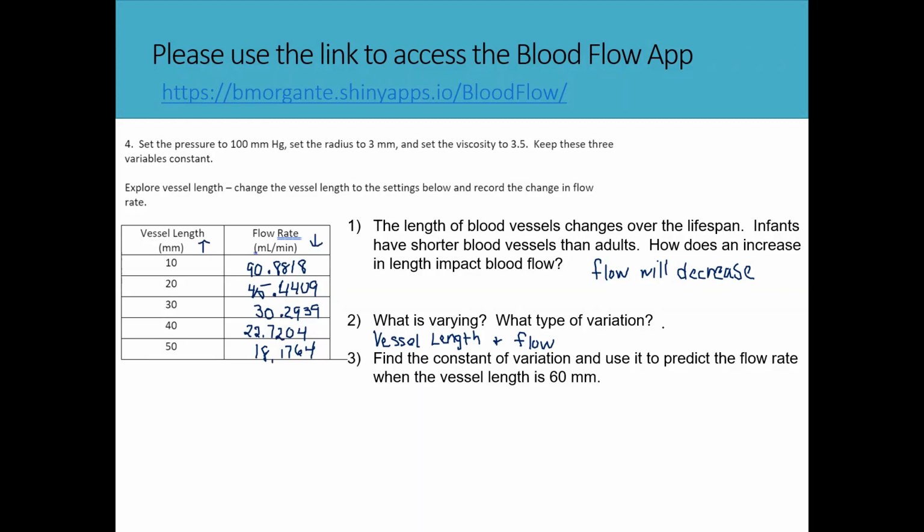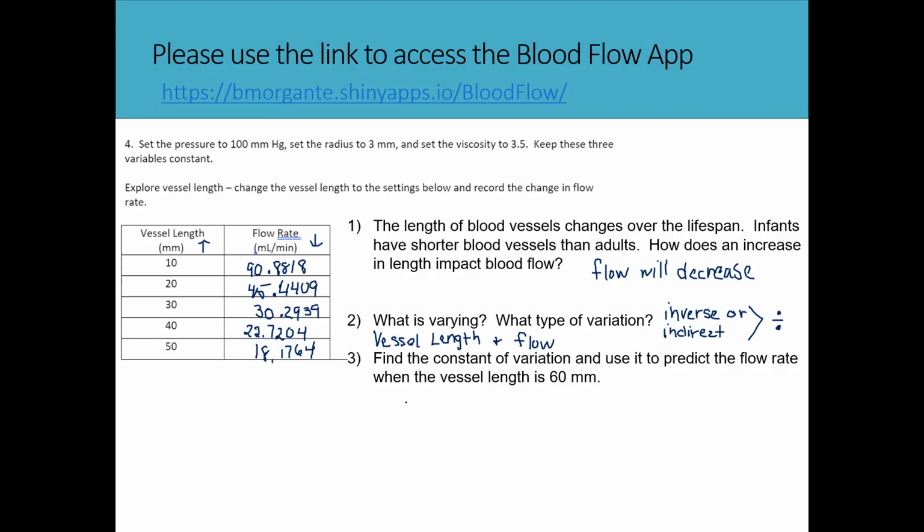So they are moving opposite, which is inverse or indirect variation. And we know that for inverse or indirect variation, we're going to use division to set up our formula.